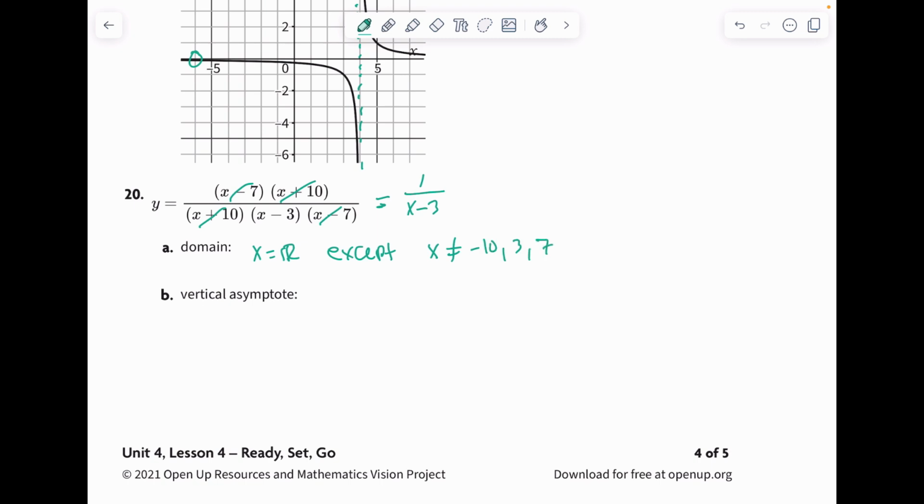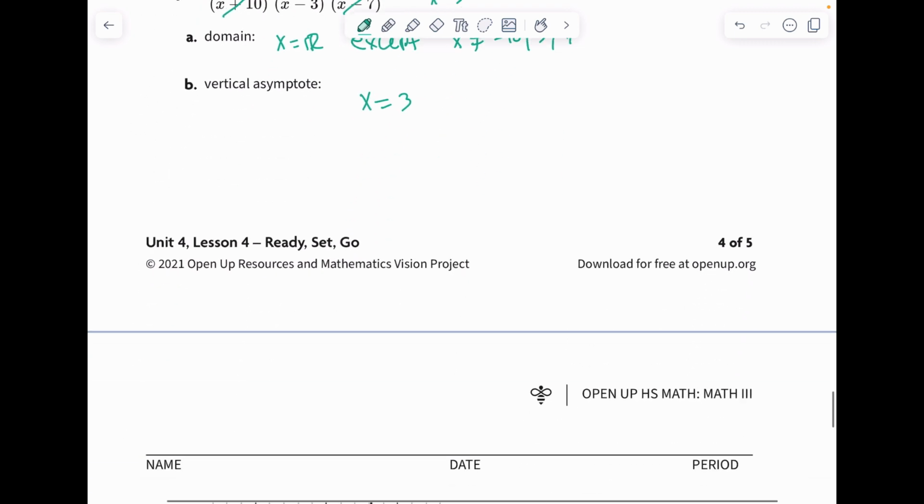Okay, so again, it just follows from the fact that there's holes there, right? So if there's a hole, it cannot be part of your domain. And then we have our vertical asymptote at x is equal to 3. Okay, so it's a vertical asymptote.